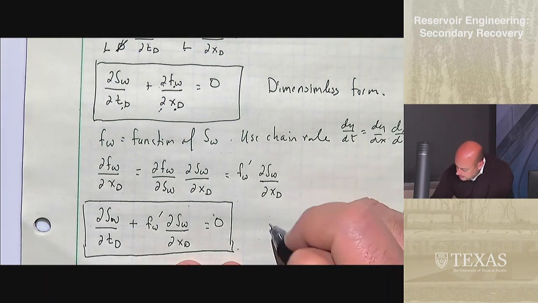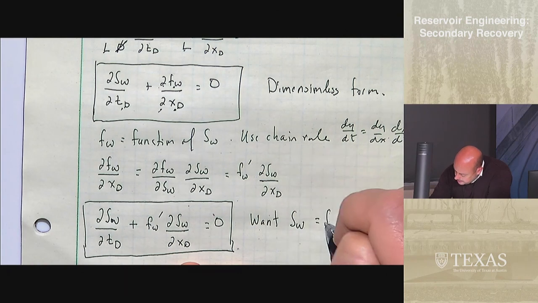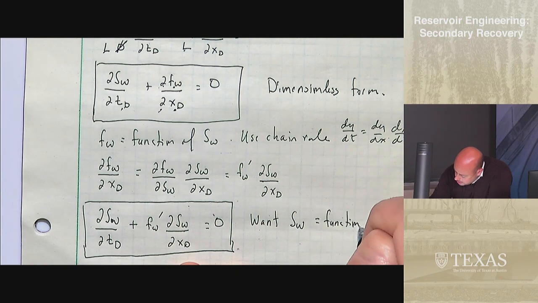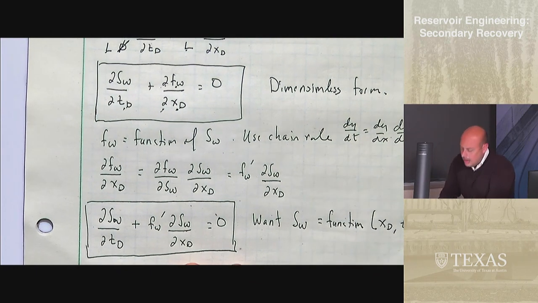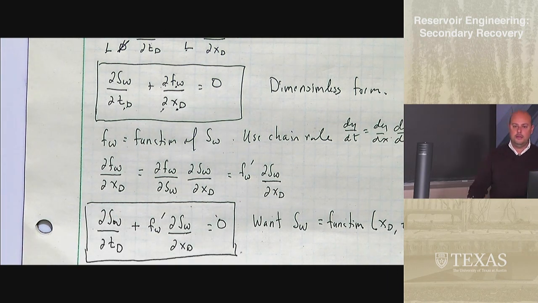What I want is Sw as some function of xD and tD. I want to know what the water saturation is in my reservoir at any location xD and any time tD. That would be great.